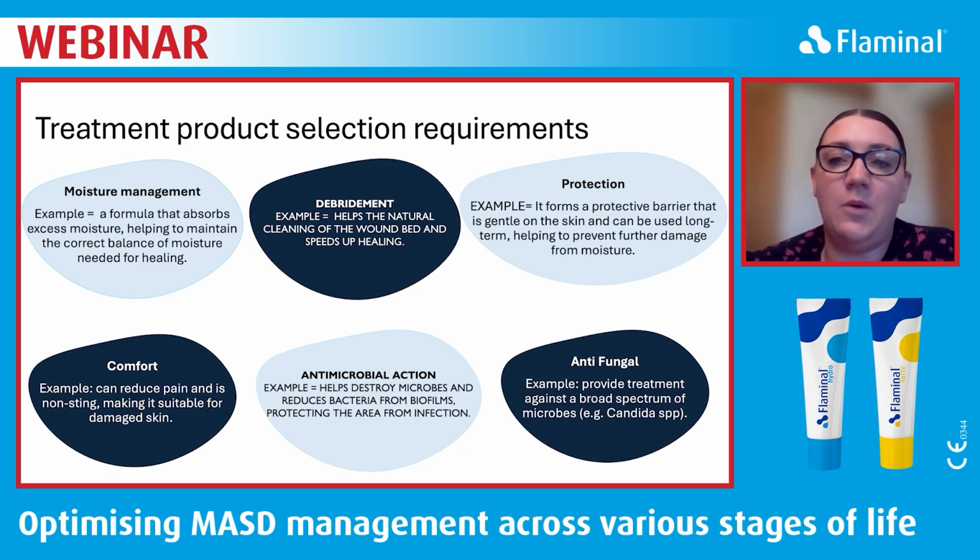So some examples of that were we were looking at products that could absorb excess moisture, helping to maintain that correct balance of moisture in the skin that is needed for healing, but also looking at what could do that cleansing and debriding element of that wound bed to speed up healing, whilst also protecting the skin by helping prevent further damage from moisture, but also making sure it's very comfortable so it could reduce any pain, particularly around products that were non-sting, making it suitable to be used on that damaged skin as well.